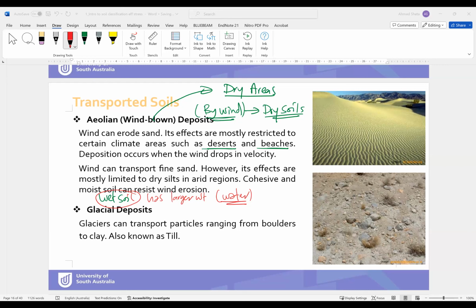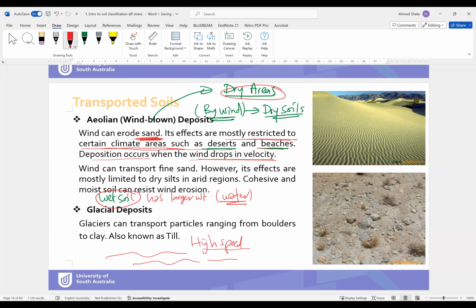So the wind can only move the lighter soils and the dry soil. So wind can only erode sand. That's why it cannot erode gravel or boulders, because they are heavier. Its effects are mostly restricted to certain climate areas such as deserts and beaches. So it is only in the dry areas. Deposition occurs when the wind drops in velocity. So when the wind is high speed, it will not deposit.